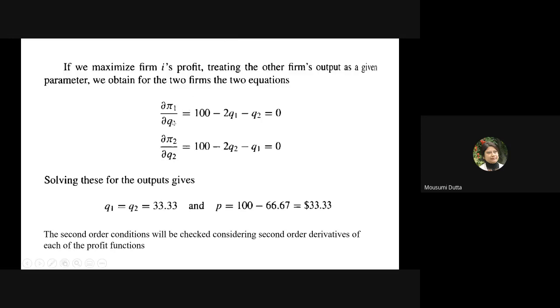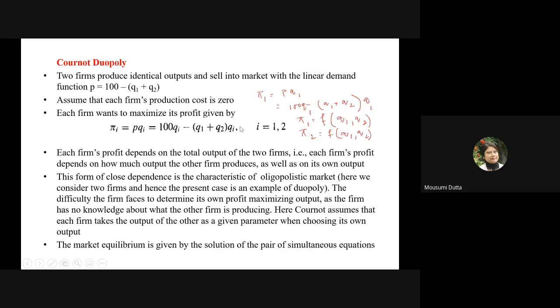Now, if I consider Q2 as given, and if I start with this equation, 100 Q1 minus (Q1 plus Q2) into Q1. So there is 100 Q1 minus Q1 square minus Q1 Q2. These three terms: 100 Q1 minus Q1 square minus Q1 Q2.